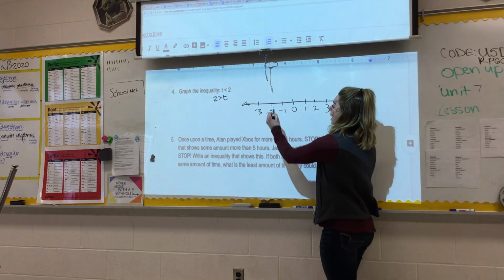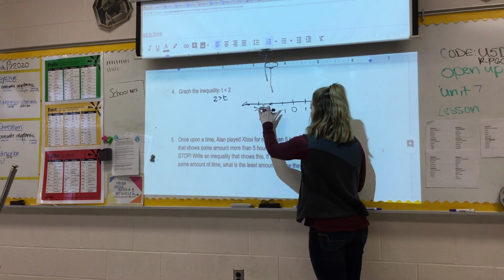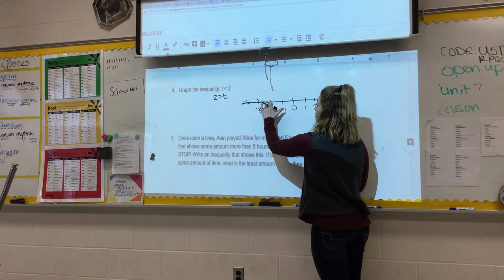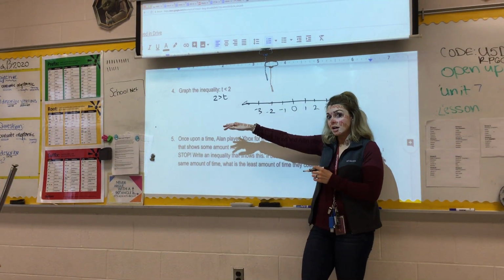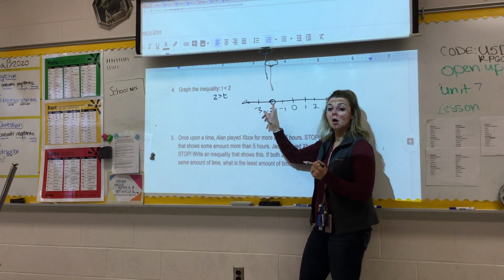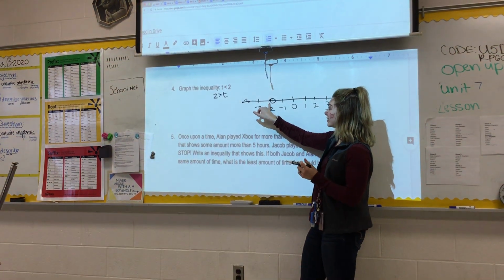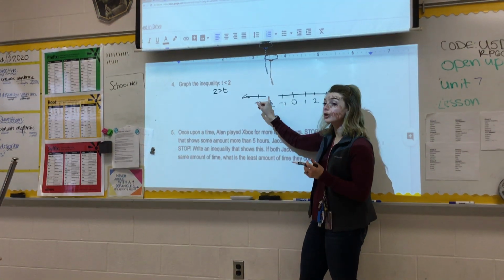But I don't want to plot my point right here, which I've seen students do in the past, because that's missing out on the 1.99999 infinity. So what you're going to do is put that open circle over the 2. But make sure it's over the positive 2.